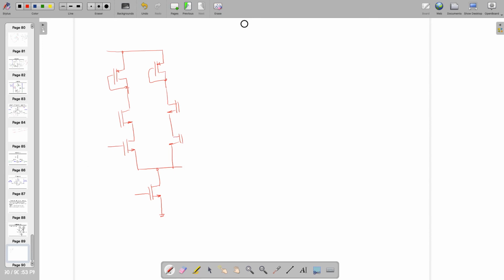Notably, when we are doing the ICMR or OCMR analysis, it's a DC analysis, also known as common mode analysis. So when it's DC or common mode analysis, this side is V common mode and this is also V common mode. These two are already known to us.